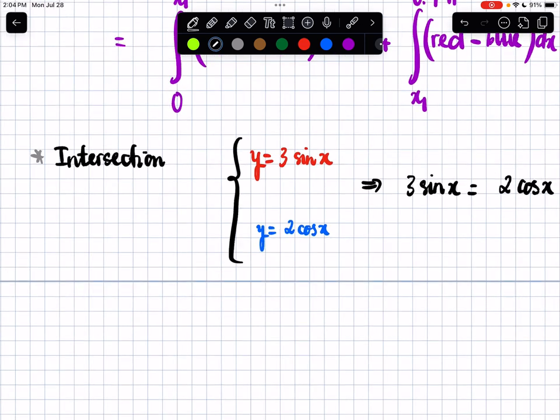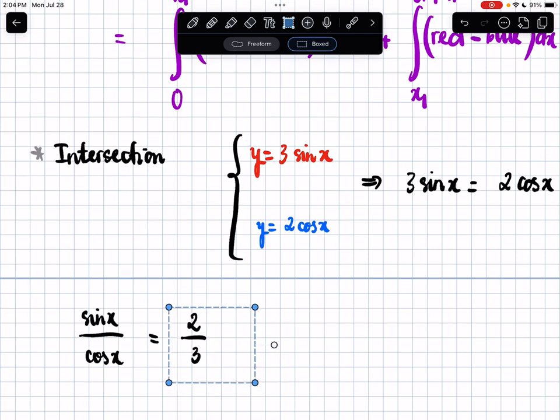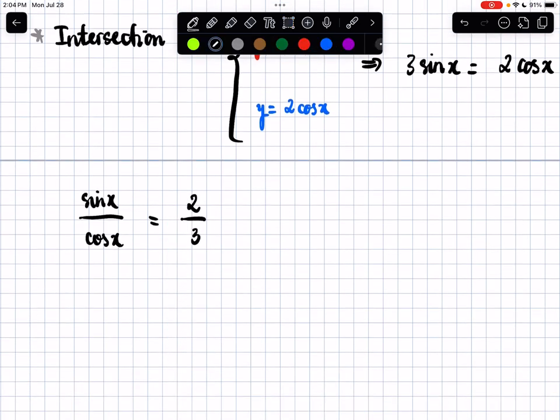This means sine of x divided by cosine of x is 2 divided by 3. Sine of x divided by cosine of x is tangent of x, which is 2 divided by 3. So x is arctangent of 2 divided by 3.